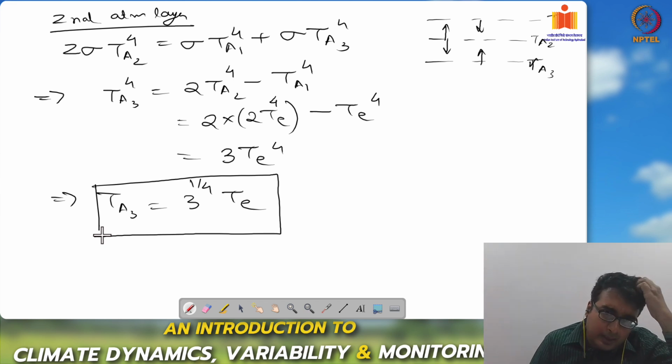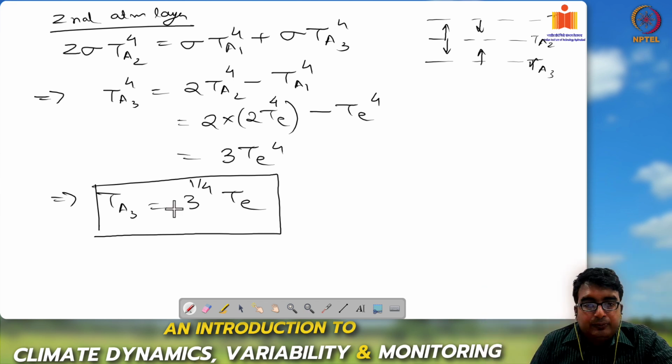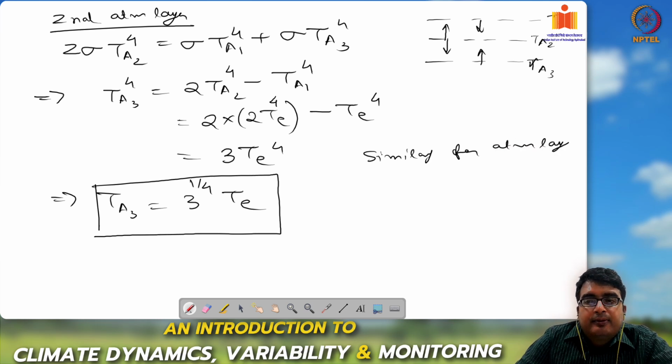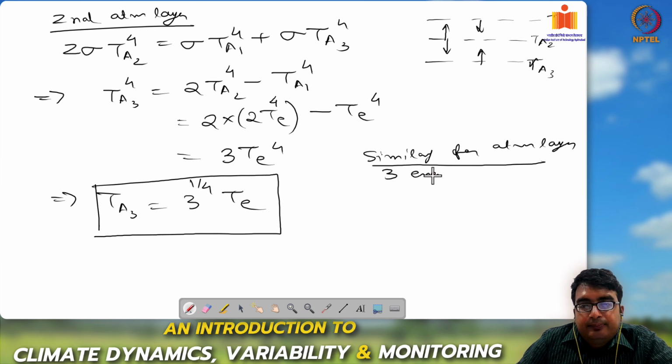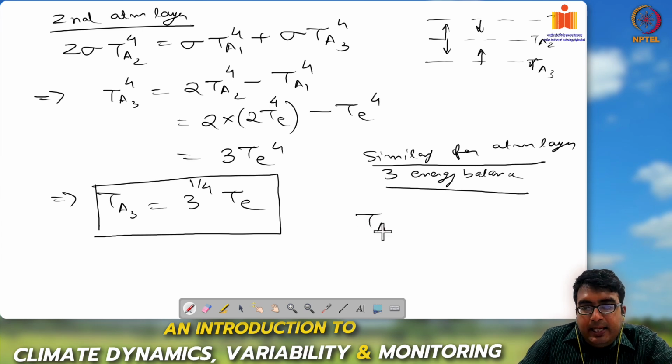Okay. Similarly, if you do the third atmospheric layer, for atmospheric layer 3 energy balance, we get Ta4 equals 4 to the power 1/4 Te.